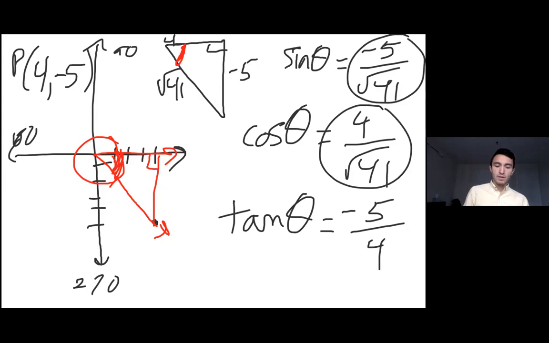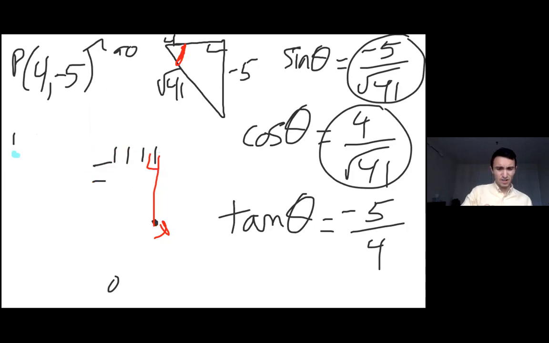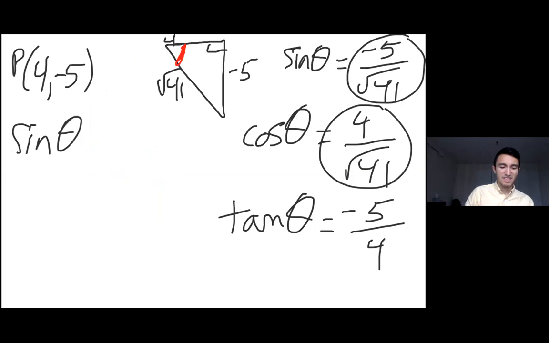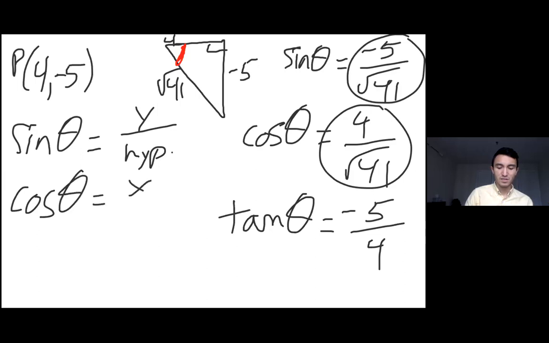And so what this boils down to, and the quick way to think about this, is without drawing, you basically have sine is going to be y over hypotenuse. Cosine is the x over the hypotenuse.